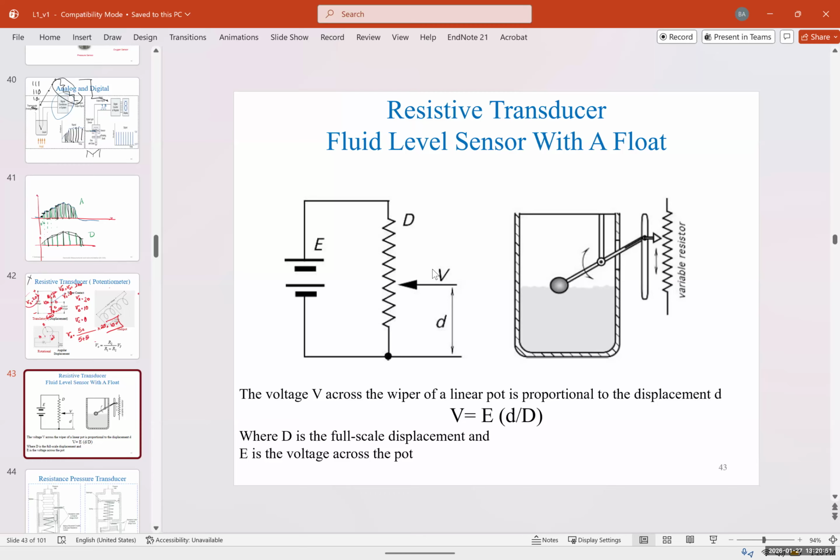The higher the fluid, the higher the ball goes, and the resistor moves in the other direction. So by measuring this d to D ratio, and calibrating it to the fluid level, we can find out how much fluid we have in this tank.